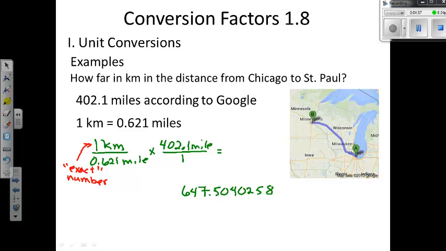So since we're doing multiplication, we have to find the term with the least number of significant figures, and the winner here is the one that has 3 sig figs. So the answer, according to the rules of using significant figures, should have 3 significant figures. So we take 648, we have to round it up, and kilometers.